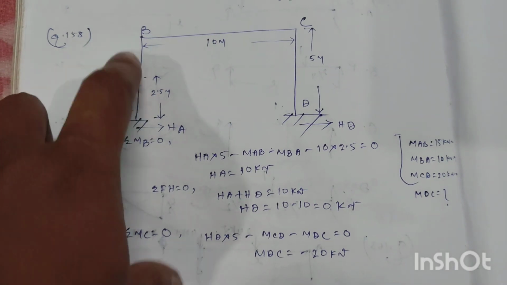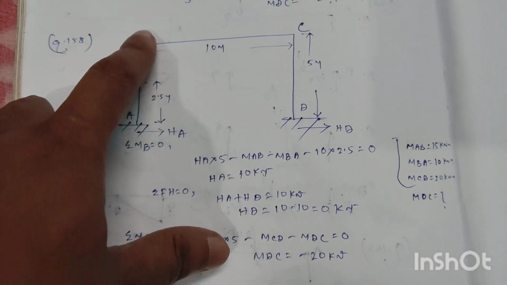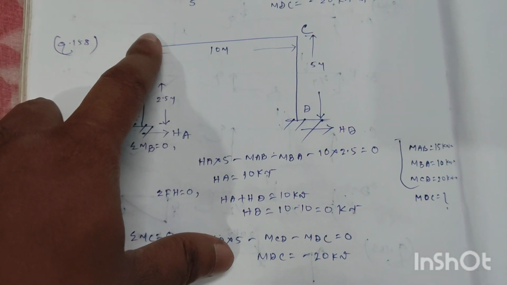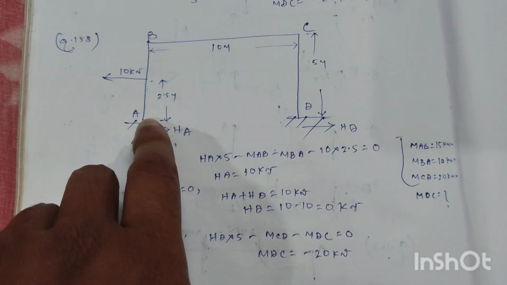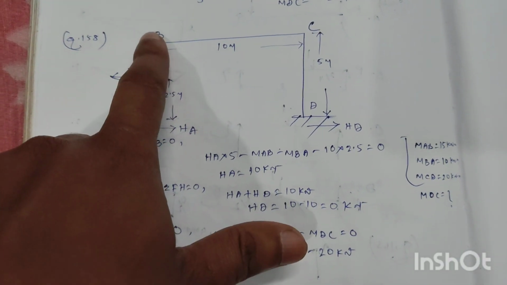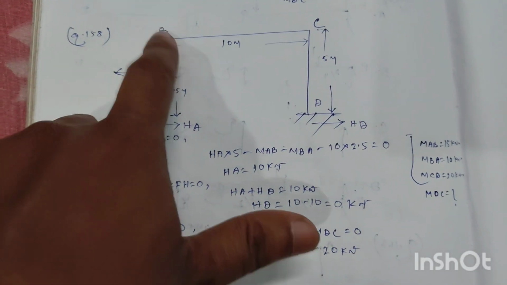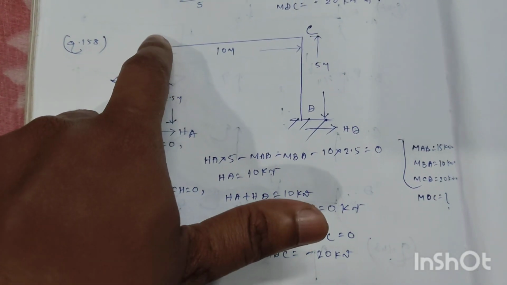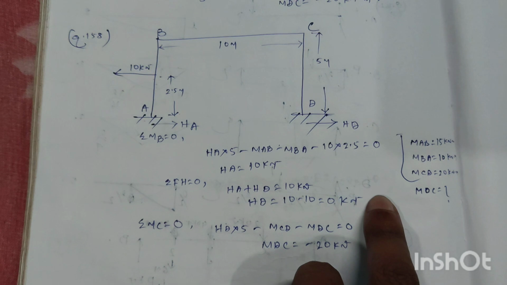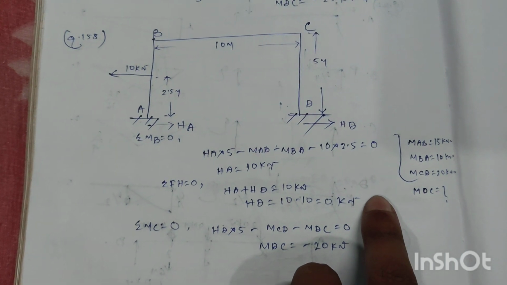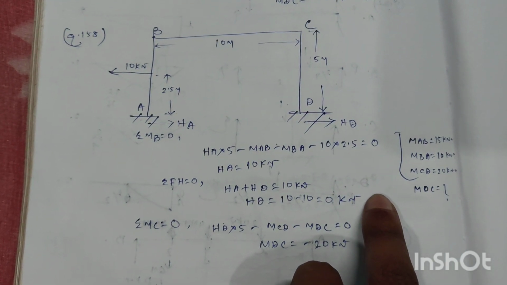If we take moment, HA into 5 in clockwise direction minus the fixed end moments MAB and MBA minus the load 10 into 2.5 equal to 0. MAB equal to 15 kilonewton meter and MBA equal to 10 kilonewton meter.